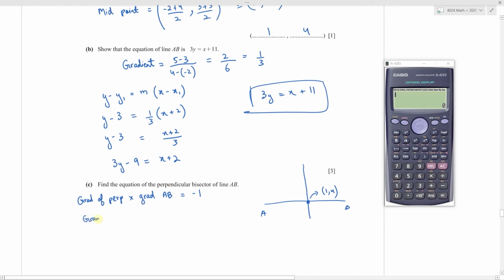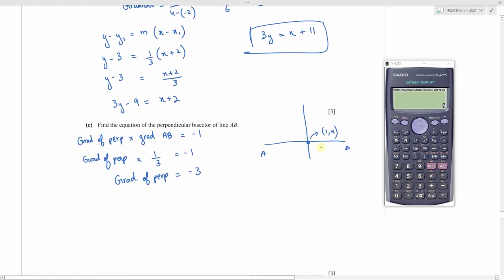So the gradient of the perpendicular multiplied by the gradient of AB, which is 1 over 3, should equal -1. So your gradient of the perpendicular is -3. And then you already know one point on the perpendicular bisector is 1, 4.